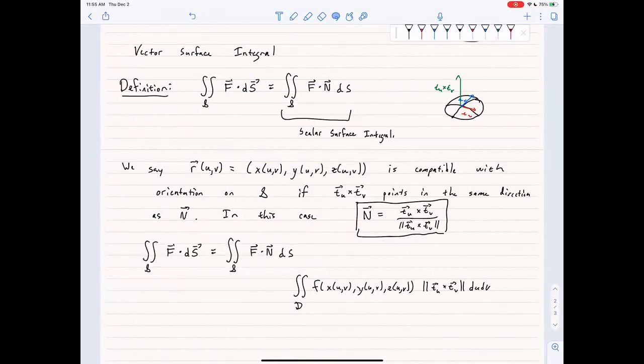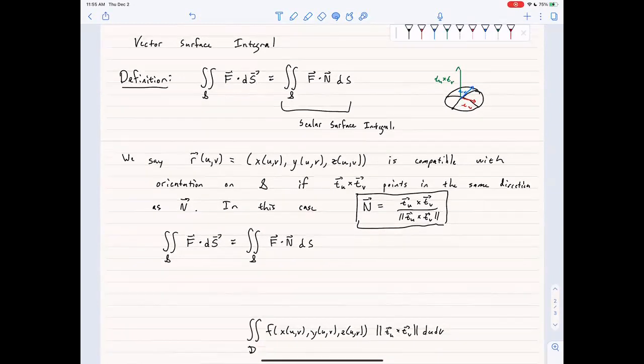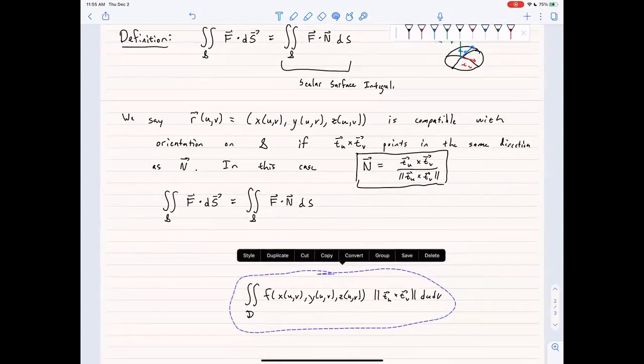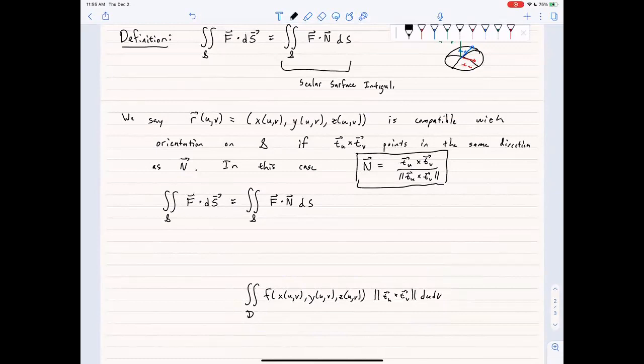Okay, I'm going to try to give myself a little more room. So this is a scalar surface integral. Using this formula that I'm writing below, this is equal to the integral of F of x(u,v), y(u,v), z(u,v) dot n.